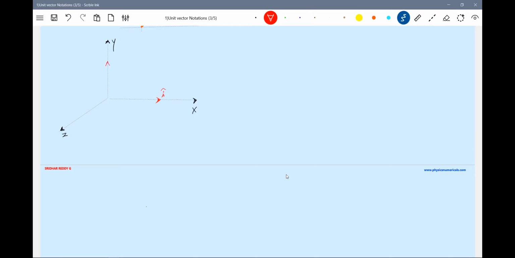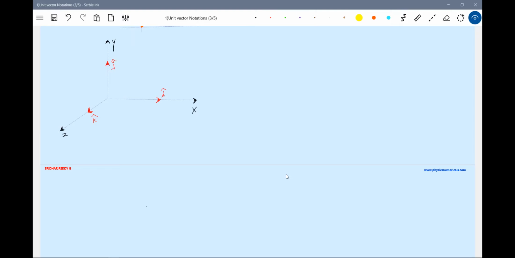The unit vector directed along the y-axis is j cap. The unit vector directed along the z-axis is k cap. Getting the idea? These are the unit vectors directed along these axes.